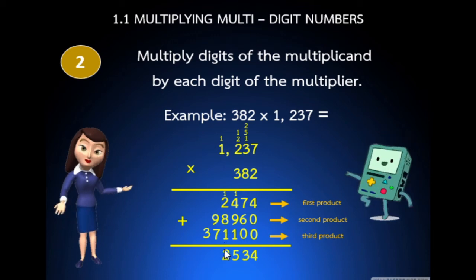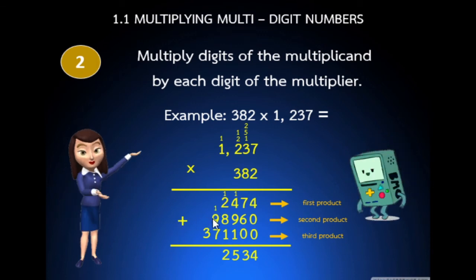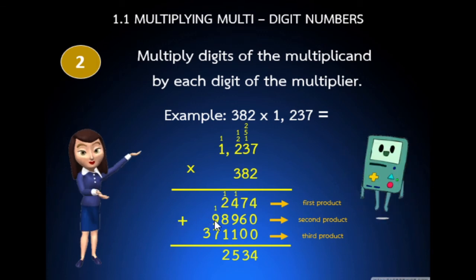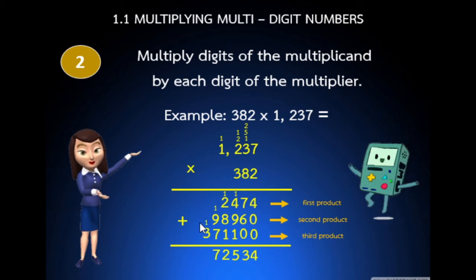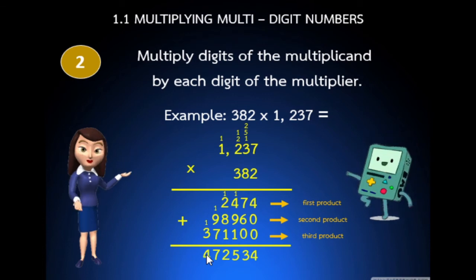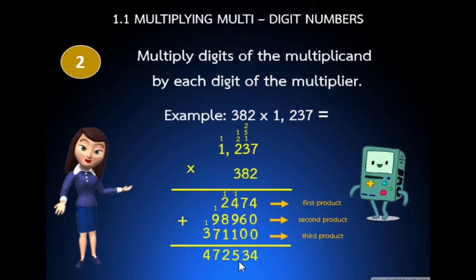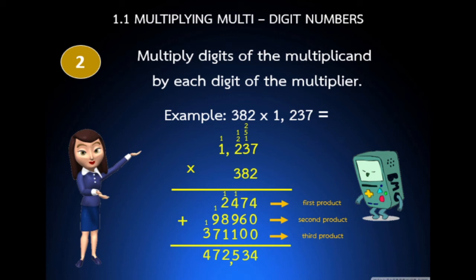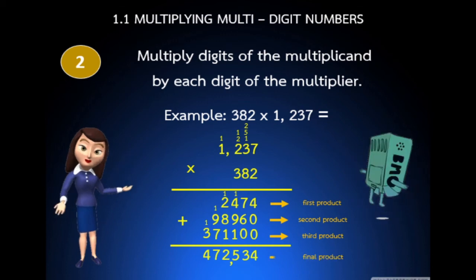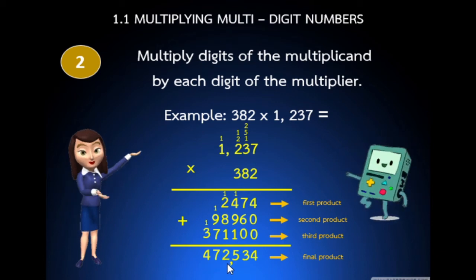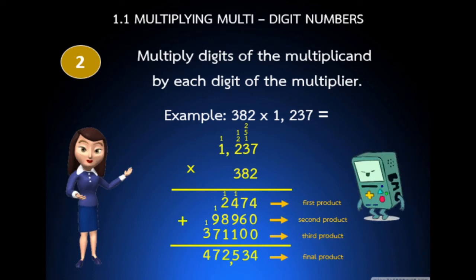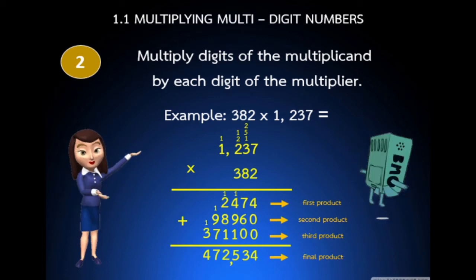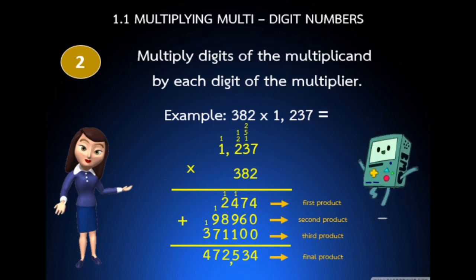Bring down 2, carry 1. 1 plus 9 is 10. Plus 7, 17. Bring down 7, carry 1. 1 plus 3, we get 4. And then put a comma. Our answer or our final product is 472,534. That is how you're going to multiply multi-digit numbers.